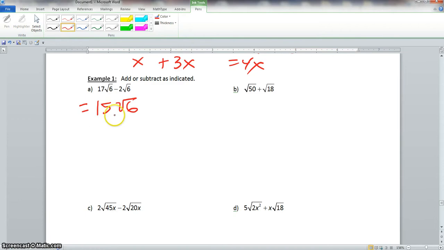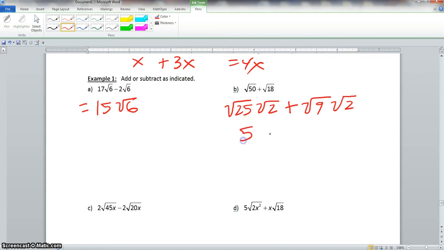We're done with A. Now with B, if you notice, they had the same index for the radical, but under the radicals they do not have the same radicand. So first, let's take out the highest perfect squares we can from these radicals. This would be the square root of 25 times the square root of 2, that's for 50, plus 18 is the square root of 9 and the square root of 2.